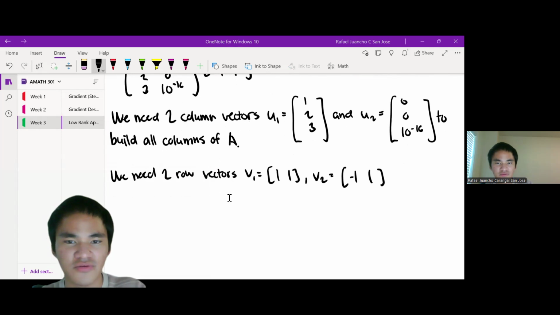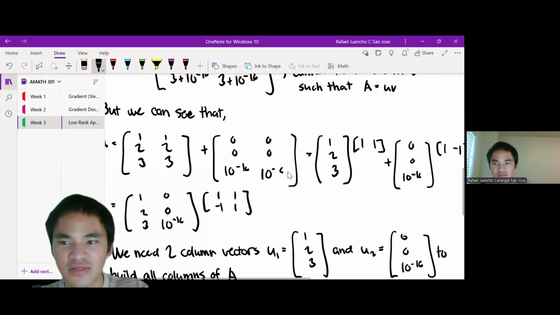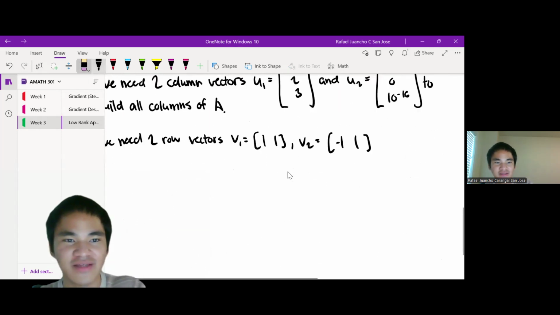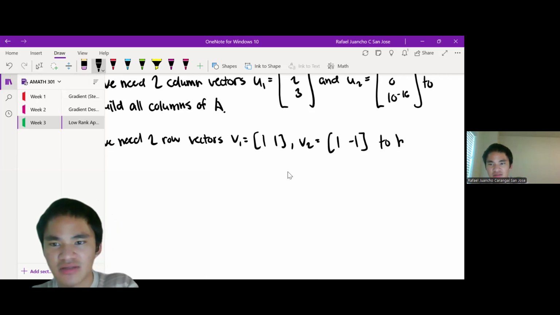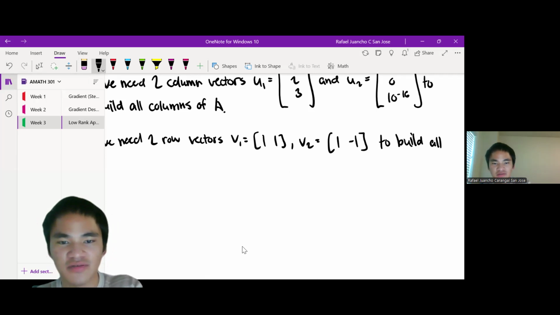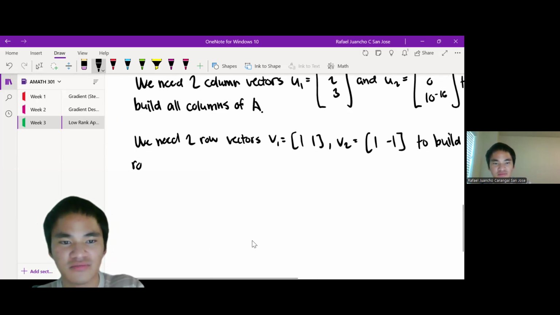Or no, my bad, it's in reverse. 1, negative 1. Right? And then from there, we need these to, again, build all, instead of columns, we're going to put rows.